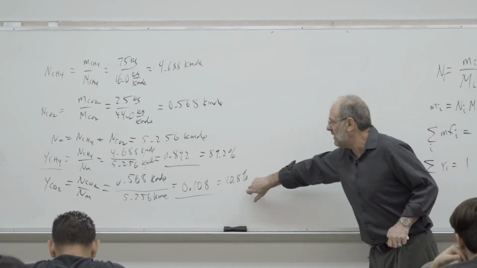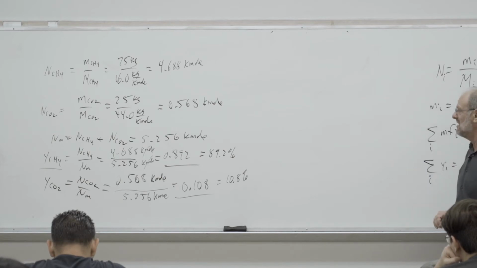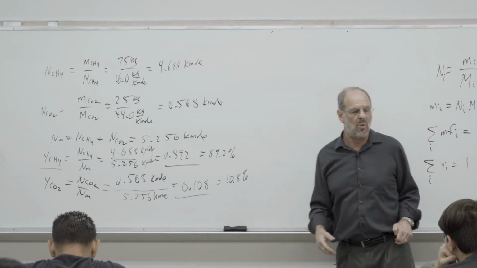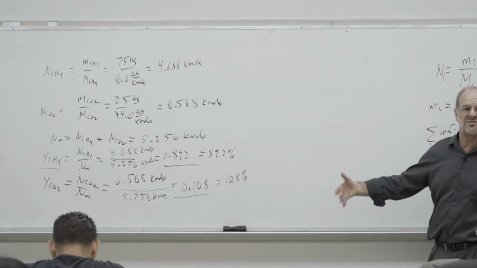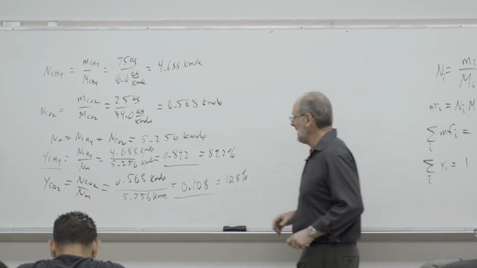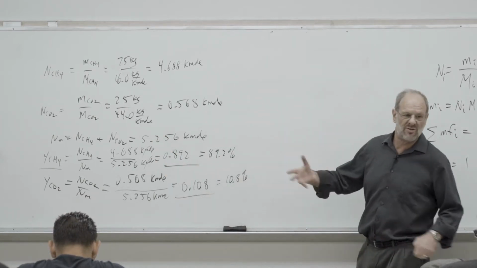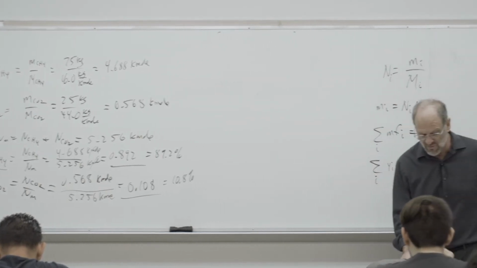By the way, I did it this way because sometimes you'll have problems with 3 or 4 or 5 different components. You can't find the first component and then just subtract it from 1. You're going to have to do this for all the components, except perhaps the last one. The last component you analyze, you can just subtract the previous mole fractions from 1 and you'll get the right result. But nonetheless, this gives us the mole fractions.